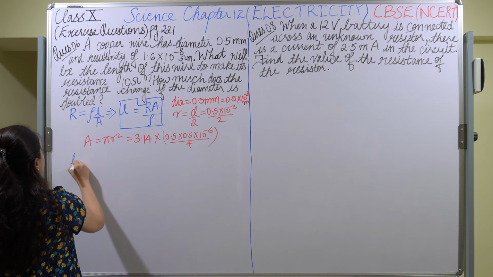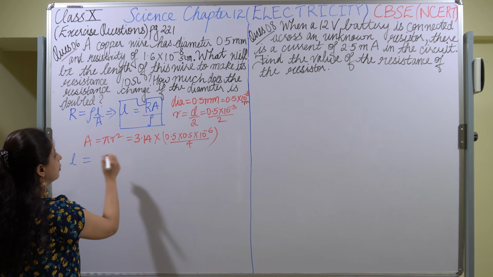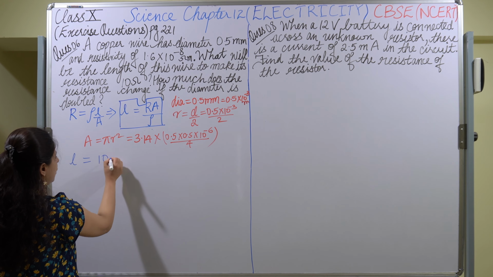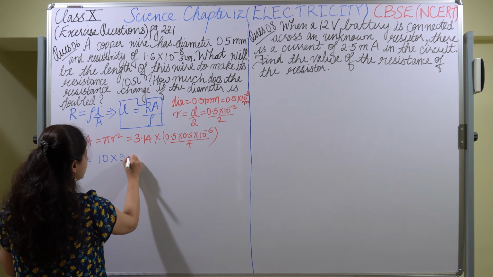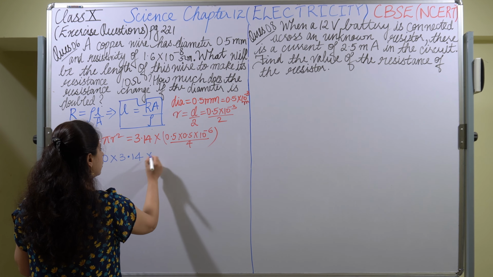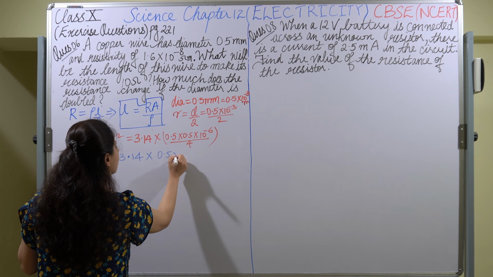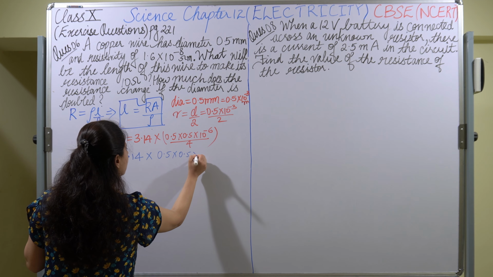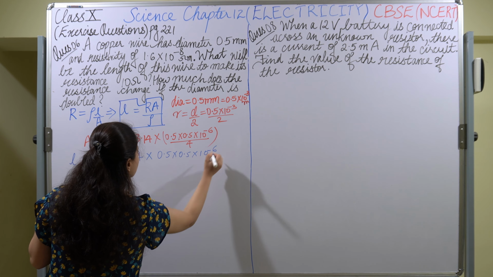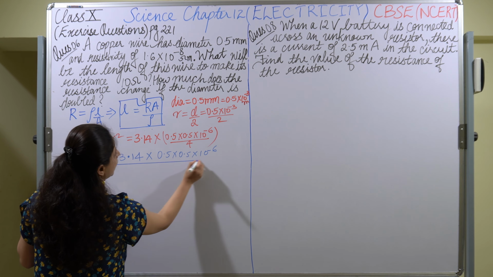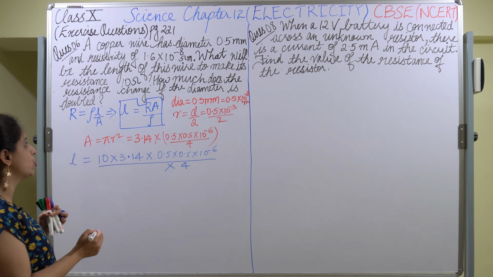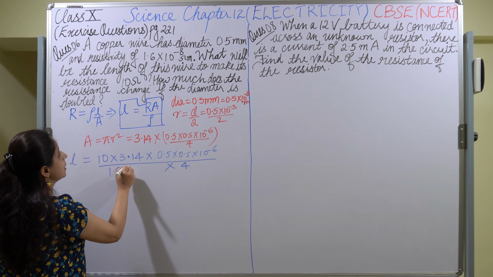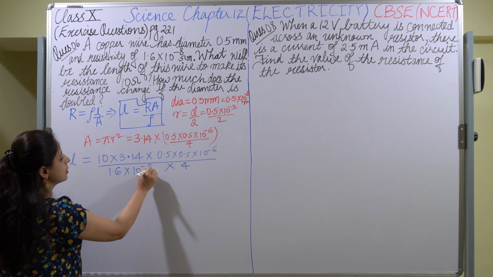So length will be given as R, and R is given as 10 to us. Area is this whole value, which we will be substituting over here, upon 4, and the rho value is also given to us as 1.6 into 10 power minus 8.